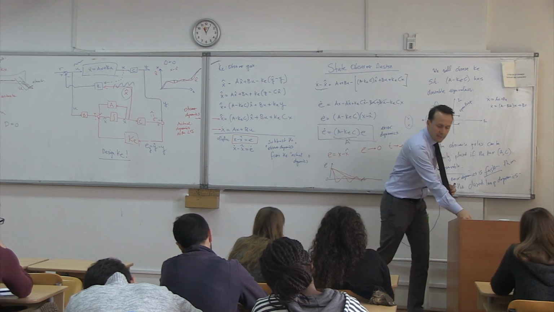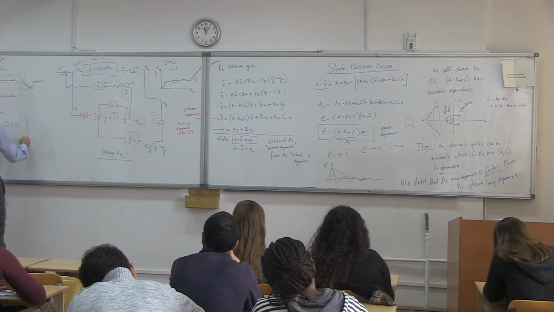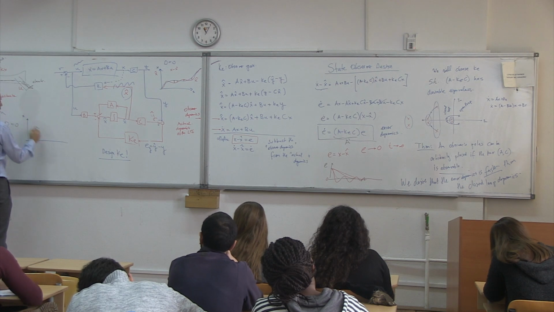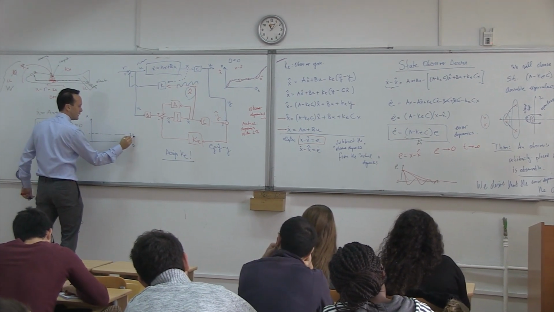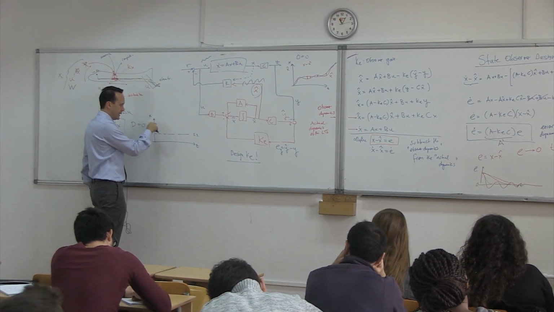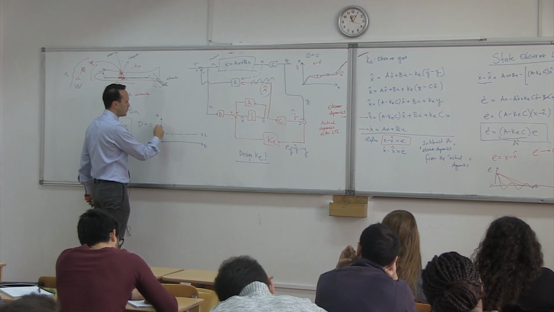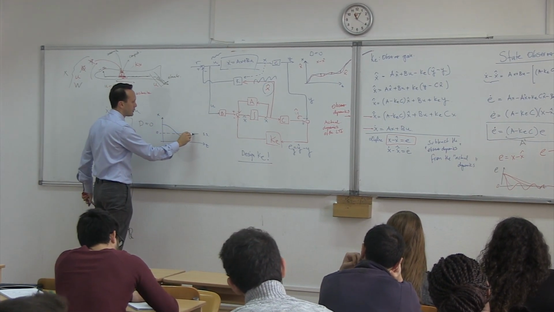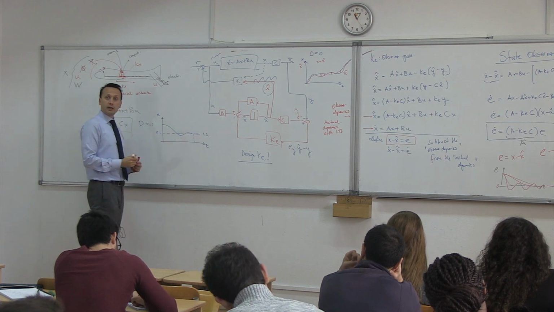So what I'm trying to say is that an oscillating observer, X and T, and let's say this is your steady state. In this case, it's 0 because it's a linear model. Let's say with a good observer, you might be doing this, and you are in steady state somewhere over here.